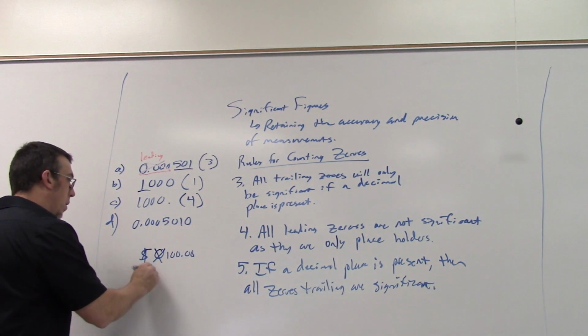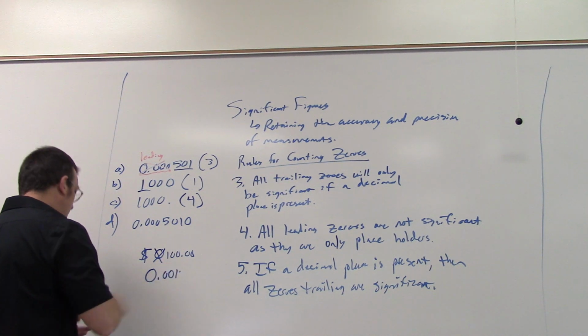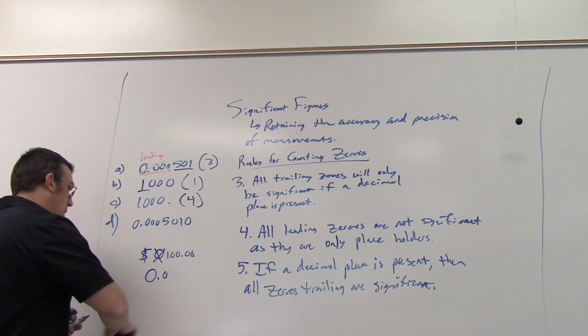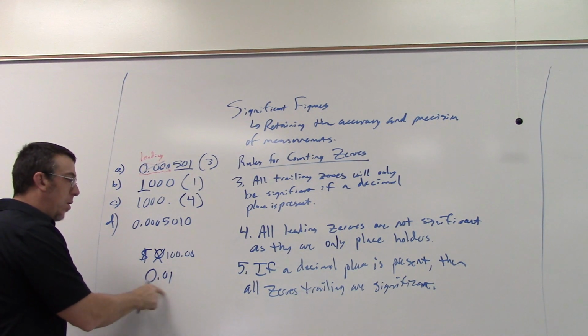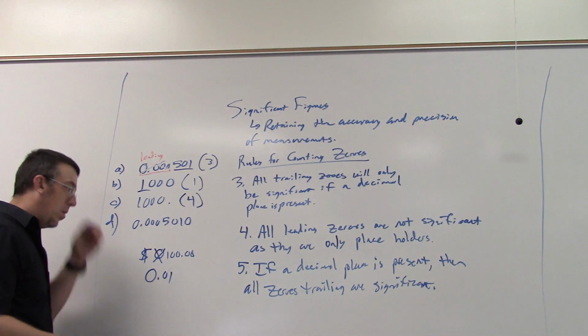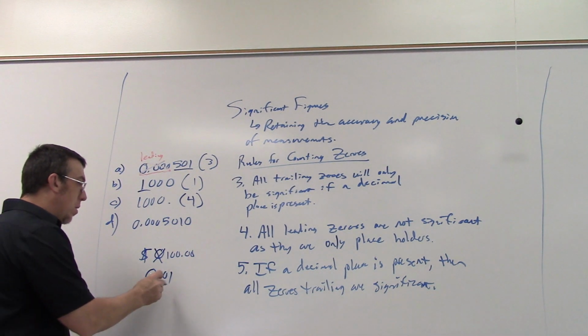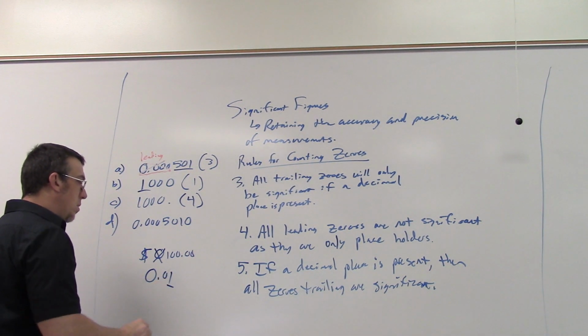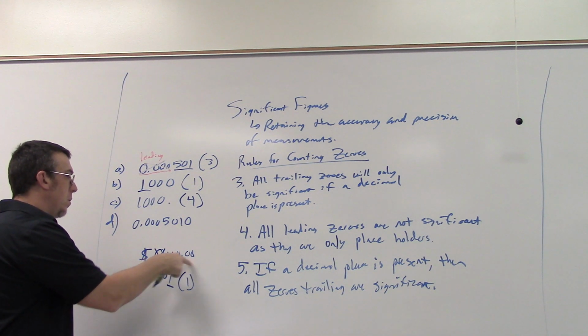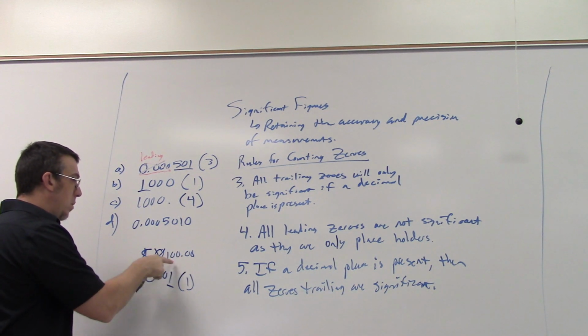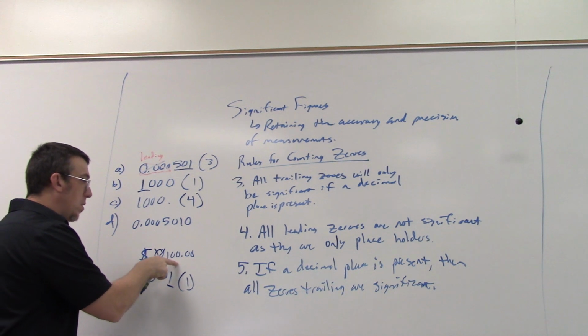Now, let's say we take a number like this. These zeros are in the front. They mean something, but we still don't count them. The only number that does count is the 1. So this would be 1 sig fig, whereas this one here is different because now we have the decimal place and the zeros are to the right.